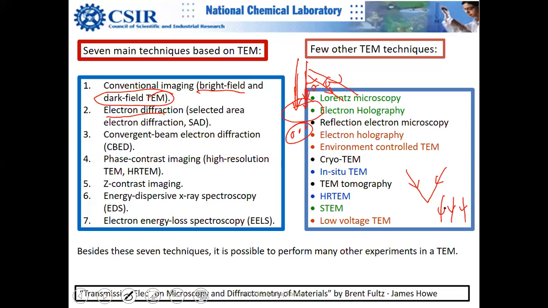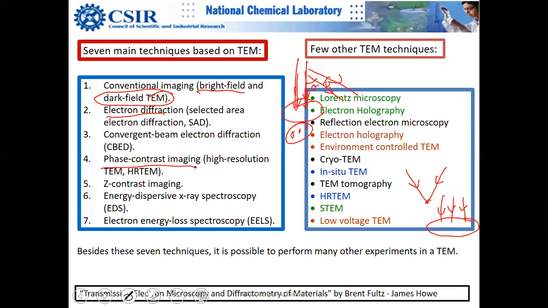But when you make a nano probe, you can call it convergent beam, as the name suggests. And electron diffraction, what is the difference? Here the area selected is several hundreds of nanometers, but here you can get diffraction from a very small area. And you can scan, or you can map actually.